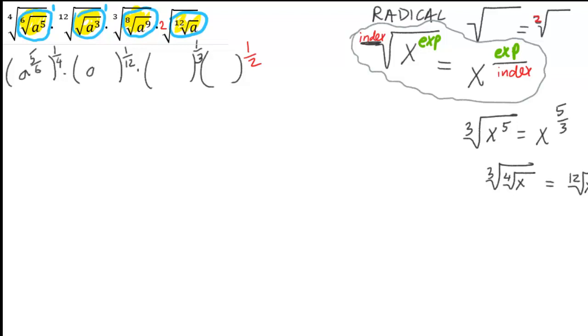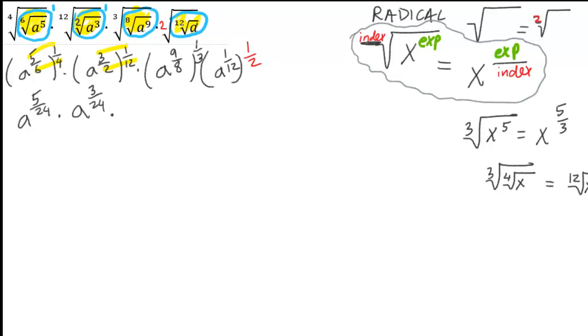This here would be a to the 3 divided by, again, the index is 2 if we don't see it, then a to the 9/8. And finally, a to the 1/12. So from here on, we just have a power to a power, so we just multiply across, and we have a to the 5/24 times a to the power of 3/24.